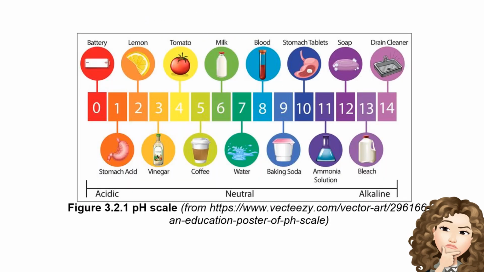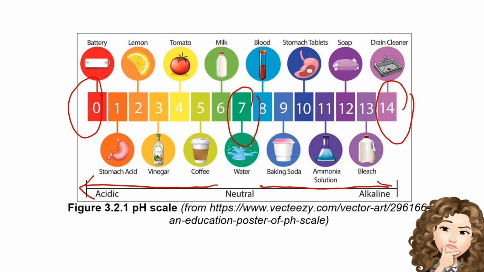So we have this famous pH scale, another important tool in chemistry that runs from 0 to 14, where 7 here is neutral and those below 7 are acids and those above 7 are bases.